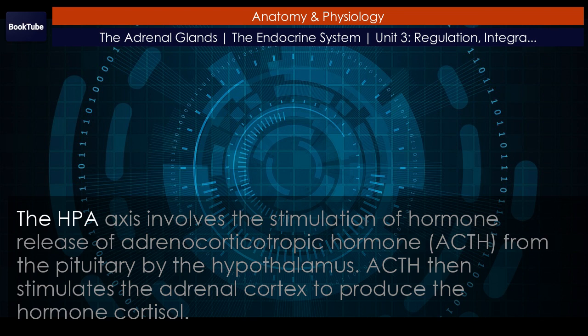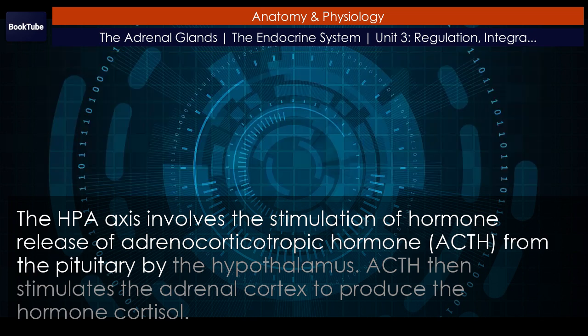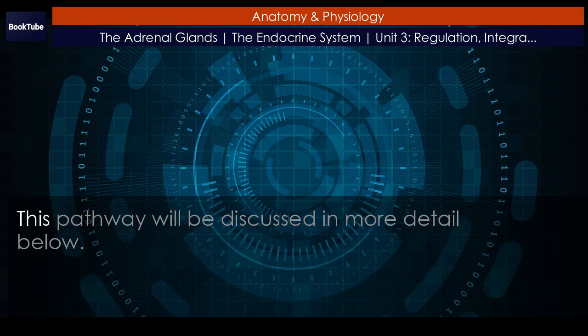The HPA axis involves the stimulation of hormone release of adrenocorticotropic hormone, ACTH, from the pituitary by the hypothalamus. ACTH then stimulates the adrenal cortex to produce the hormone cortisol. This pathway will be discussed in more detail below.